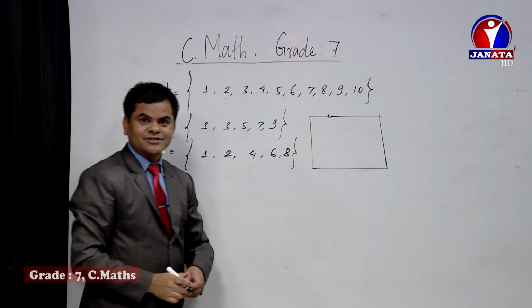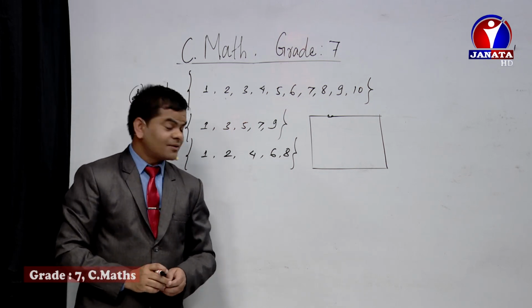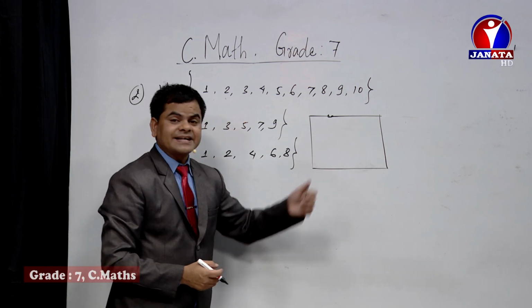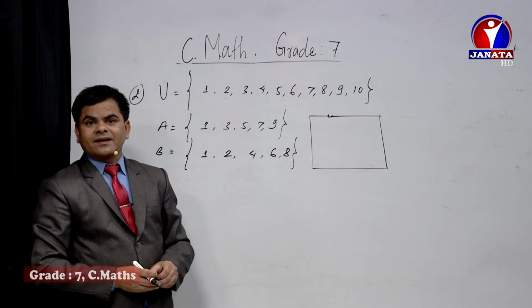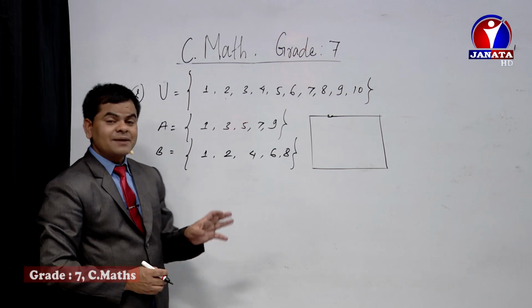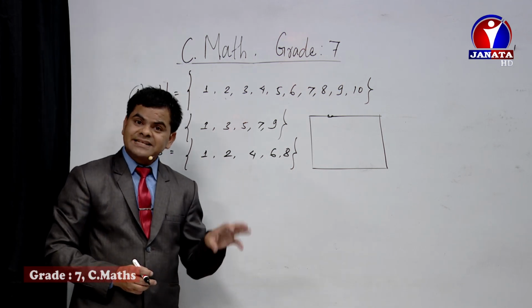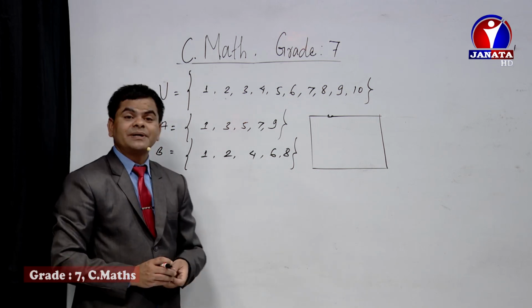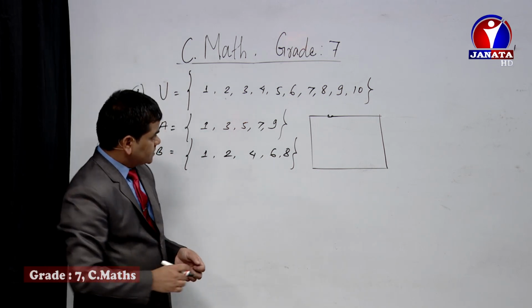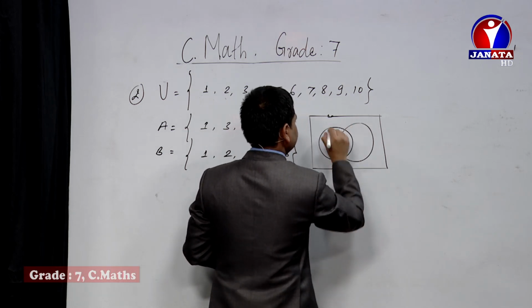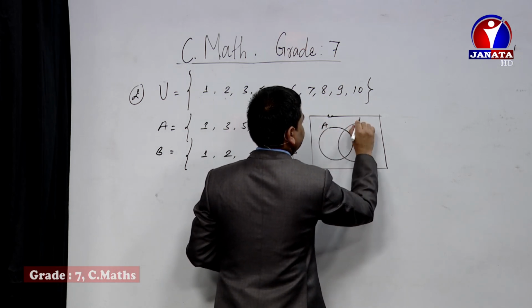Although I am using a soft hand here, it is not good, because the lines of the rectangle may not be straight. And while preparing the circle, please use a compass and pencil so that the circle is accurate. So let's prepare the two circles, A and B.